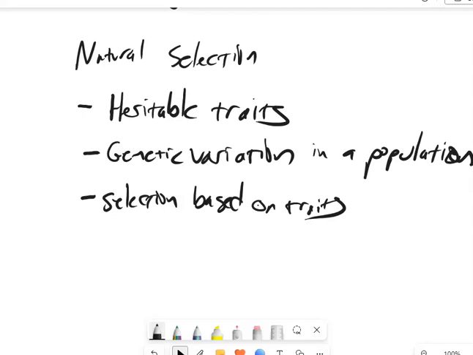And we also looked at antibiotic resistance in bacteria. The heritable trait would be the ability to survive the antibiotic. Genetic variation is everywhere in bacteria, and horizontal gene transfer is one of the biggest sources of that genetic variation. And then the selection based on the traits, antibiotics give the strongest possible selection because they stop bacteria from growing or they kill them.